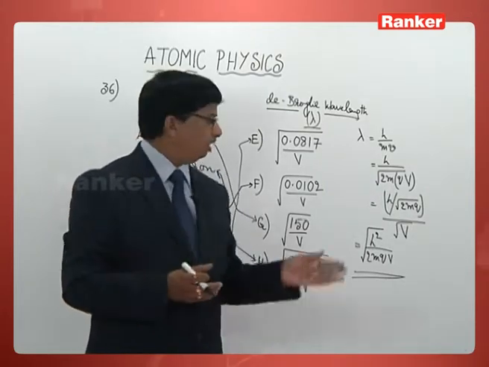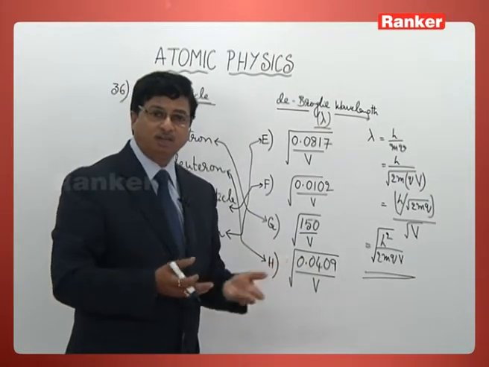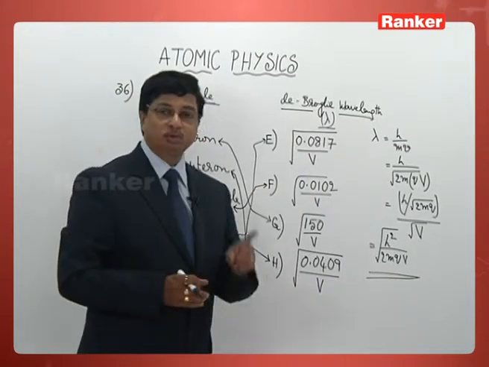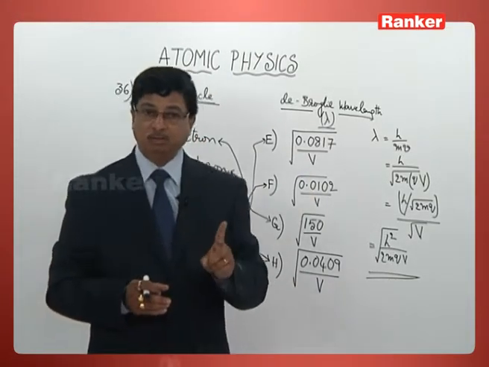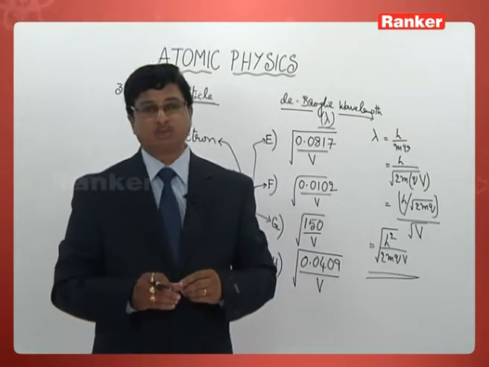Otherwise, calculating all four values and identifying the answers is not a difficult task. But if you remember them directly, you can save time in the final exam if such a question is asked. Now let us see the options.